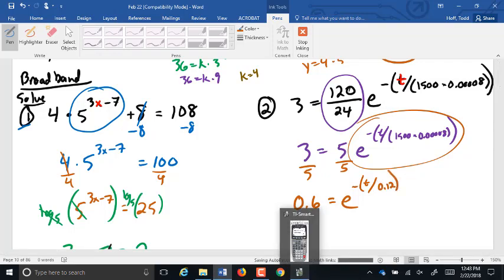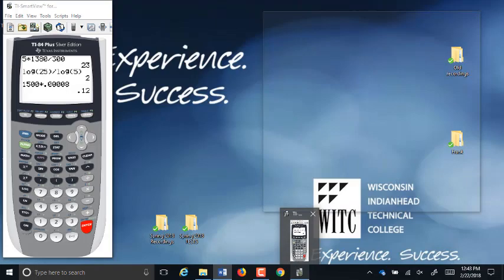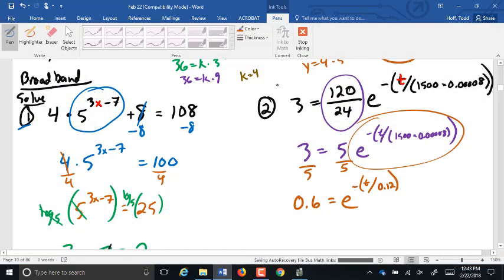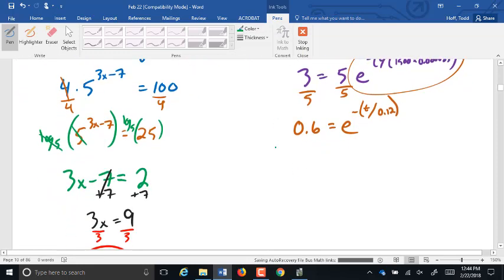And then, let's go back here. What's next? What do you think, Jordan? Got to get rid of the e. How do we get rid of e? What's the inverse of e? ln. So the ln and the e cancel out.